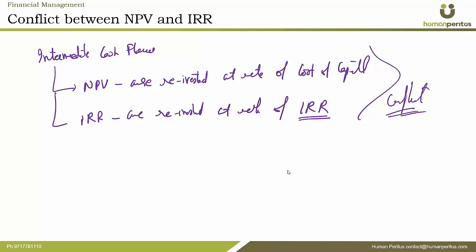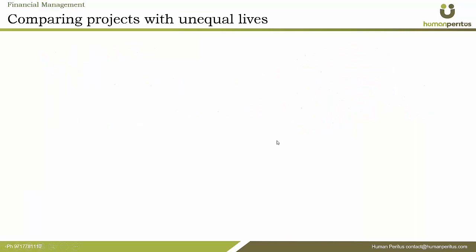Okay, thank you. So Sabiha, the difference is that in NPV it is assumed that intermediate cash flows are reinvested at the cost of capital, while in case of IRR they are reinvested at the IRR.